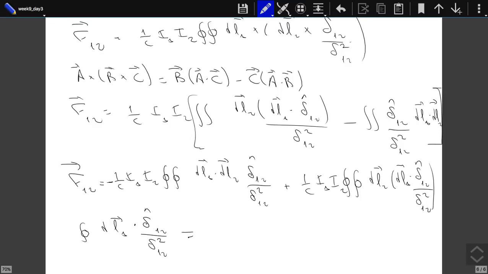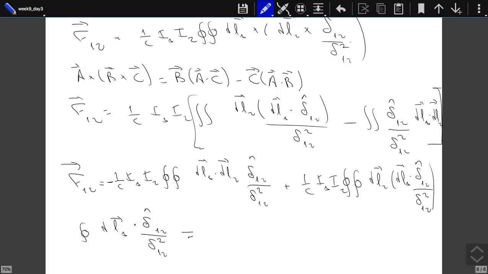You should be able to say what this is equal to. Imagine we multiply this with Q. What is Q times delta 1,2 hat over delta 1,2 squared? Well, if we multiply by Q, that delta 1,2 hat divided by delta 1,2 squared is nothing but the electric field created by a point charge at the point R2.